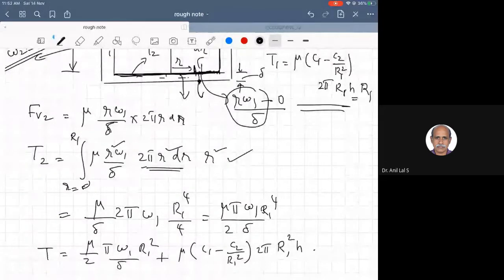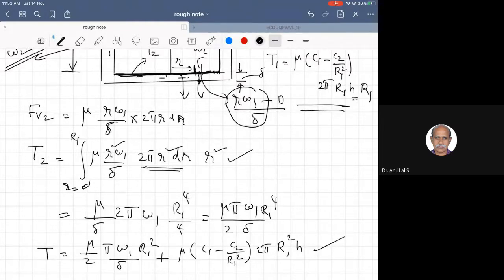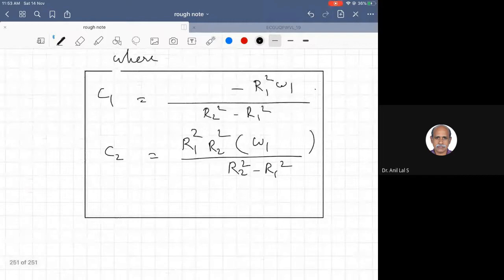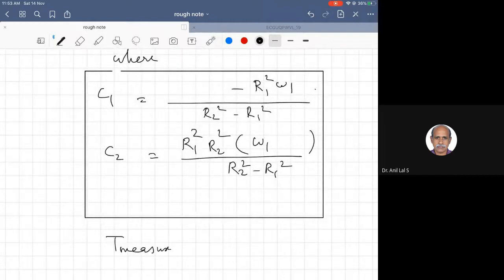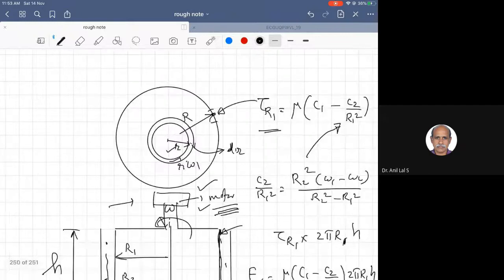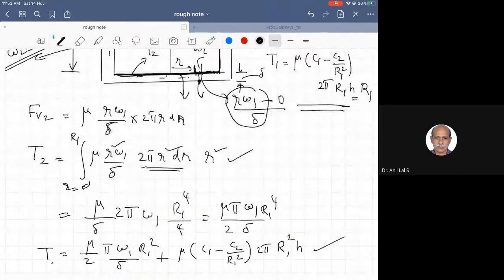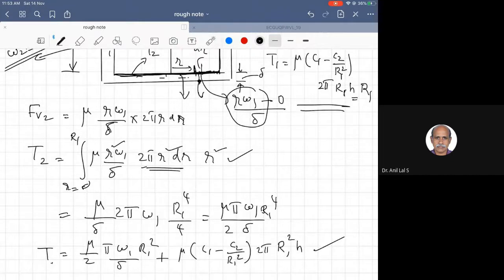Everything is known, geometrical parameters, delta, h. The viscosity of the fluid can be the unknown. The torque measured by the dynamometer, or from some calibration curve, can be equated to the theoretical torque value, so we can find the viscosity of the fluid.